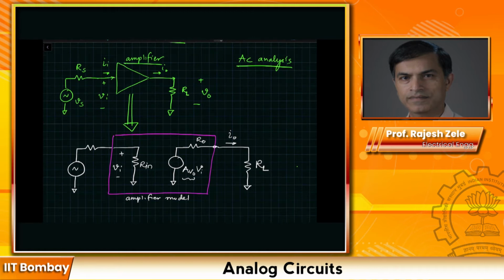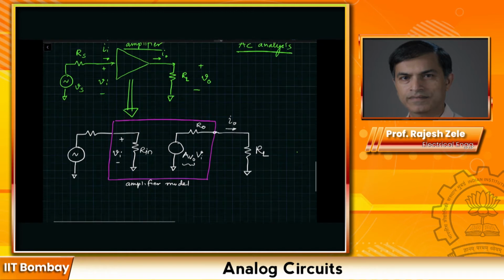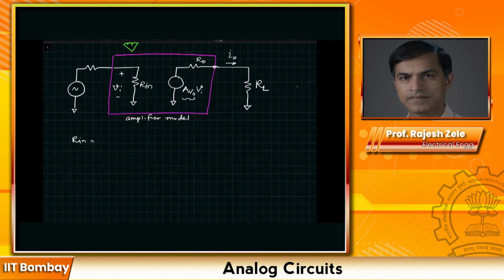So let's go through some definitions. The input resistance Rin is given by, let's say Ii is the current going into the amplifier, then Rin is given by Vi divided by Ii. In this case, we are considering the amplifier to be a unilateral amplifier. What that means is Rin is independent of RL, and there is no internal feedback inside this amplifier.